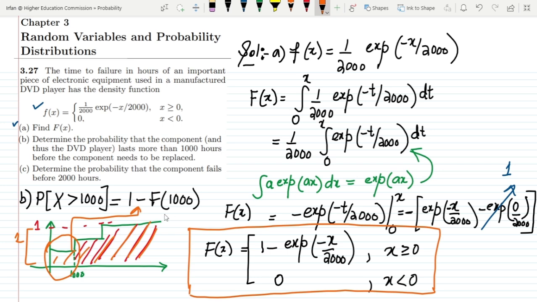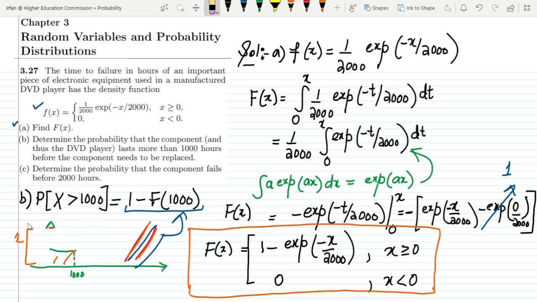This is F of 1000, the lower accumulated values, and the higher values are what is shown in blue. I hope you have got my point. Now let me remove it and solve it here as well.